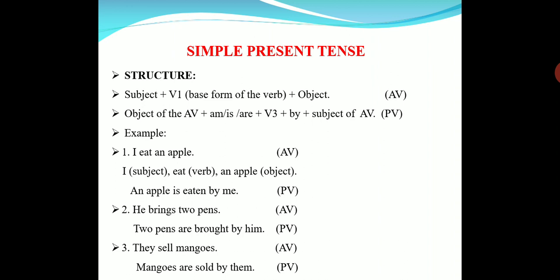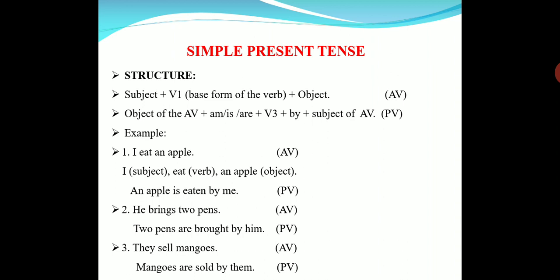Understood? Okay, let us see some more examples. He brings 2 pens. What is the subject here? He. What is the verb? Brings. What is the object? 2 pens. Now the object becomes subject. So 2 pens. It is plural. So what is the plural be form in present tense? Are.